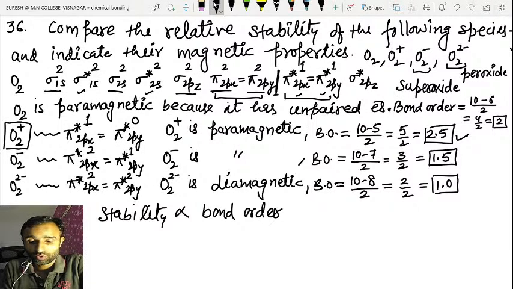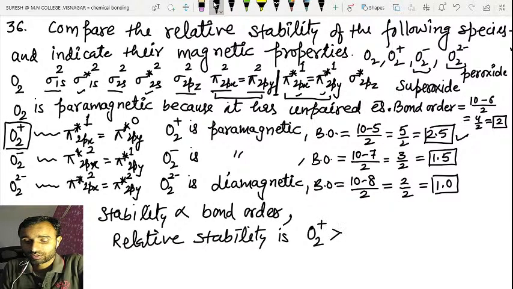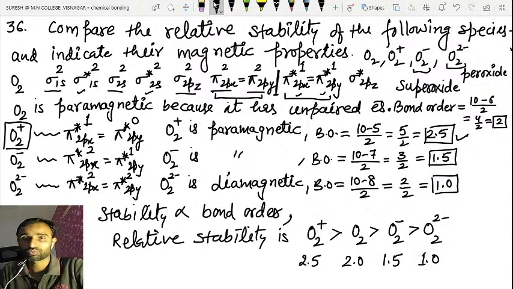So the relative stability is: O2 positive is greater than O2, O2 negative and O2 2 negative, because O2 positive has the highest bond order, so O2 positive is more stable than O2, then O2 negative, and O2 2 negative is 1 only.